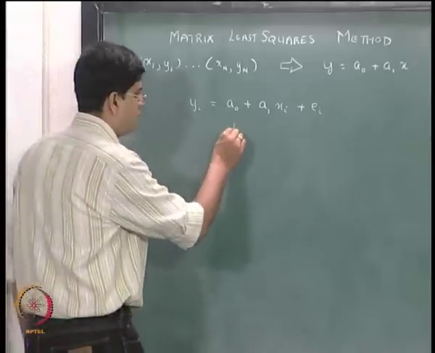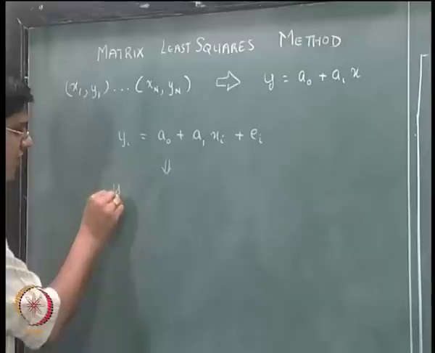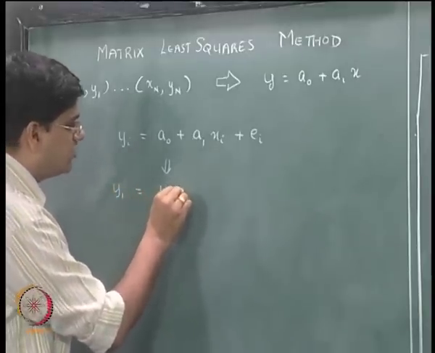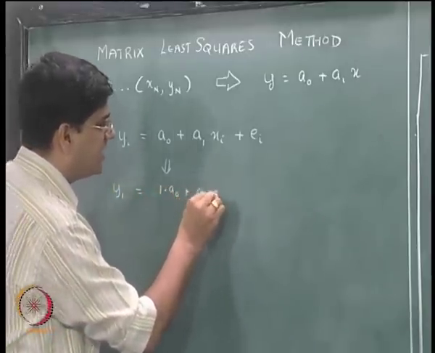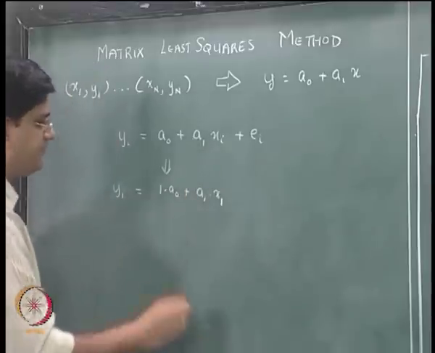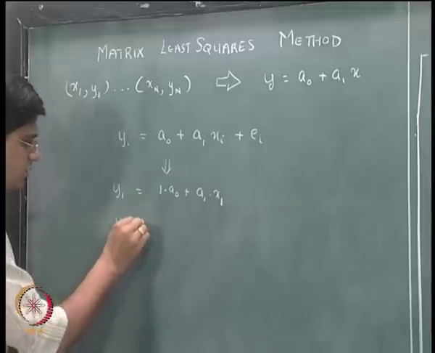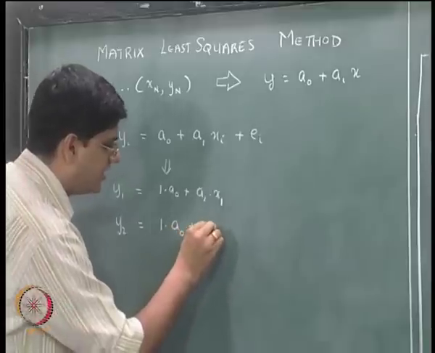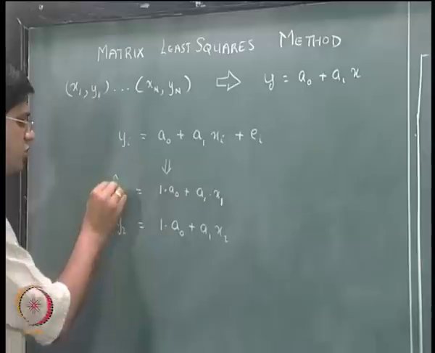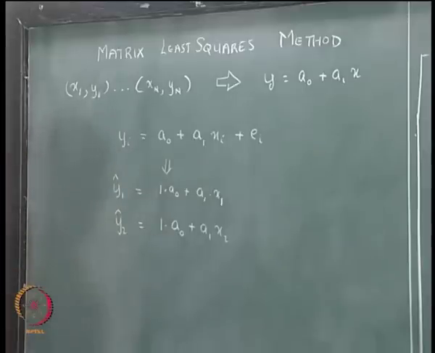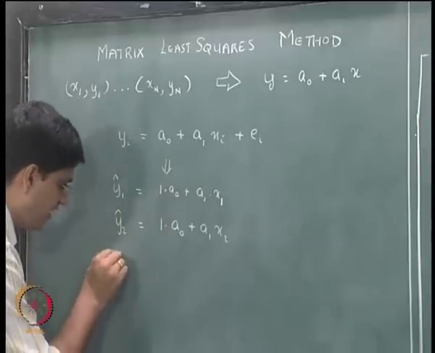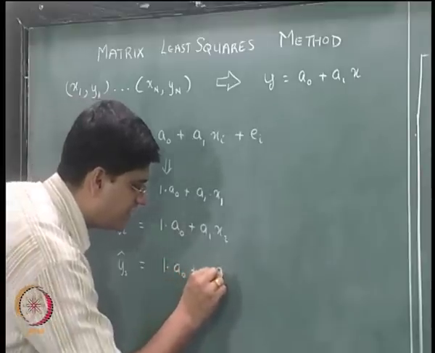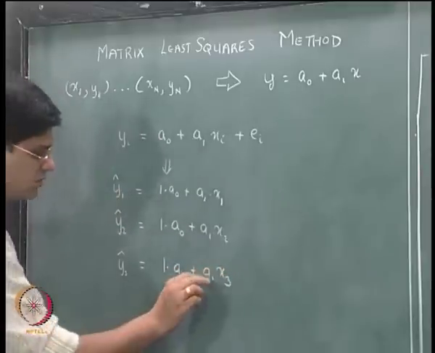So we can write this as y1 hat equal to 1 times a0 plus a1 times x1, y2 hat is 1 times a0 plus a1 times x2, or more appropriately we will put the hats over here. Y3 hat is 1 times a0 plus a1 times x3.